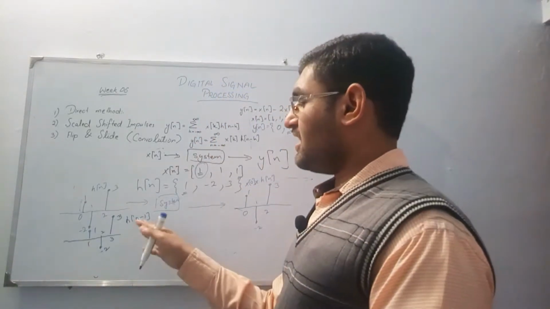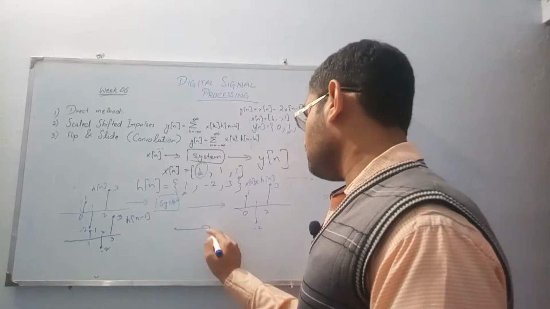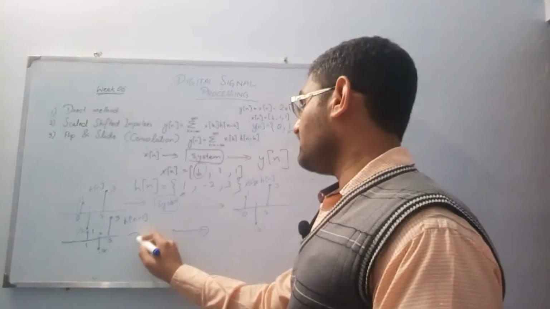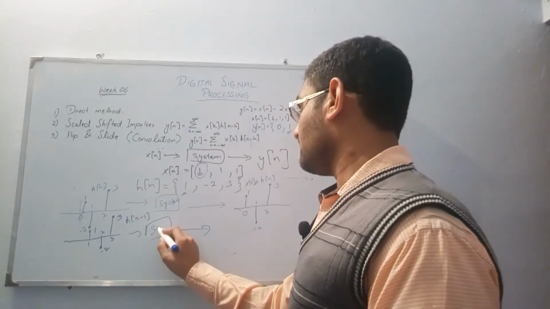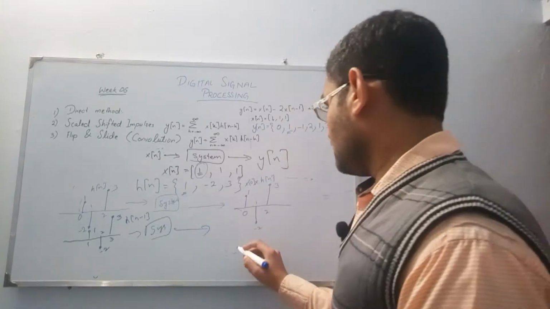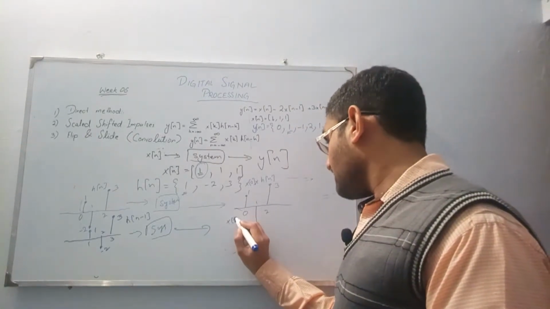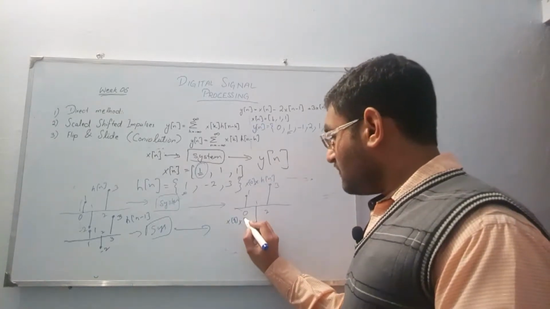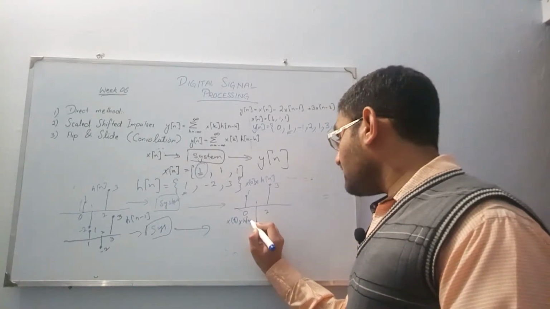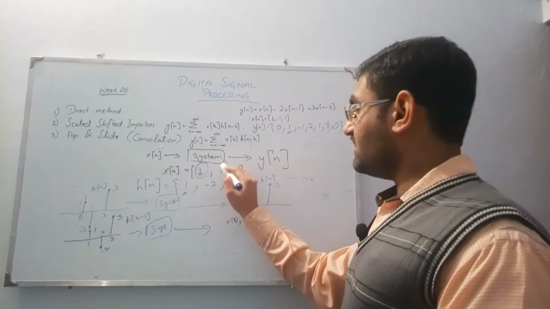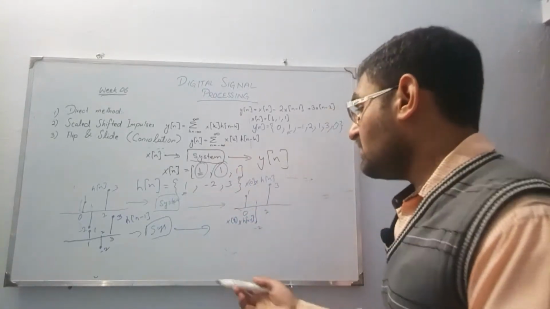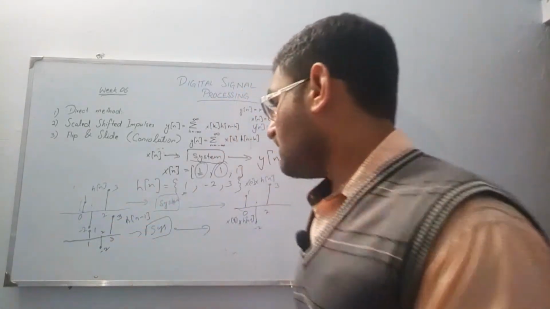This is h of n minus 1, so multiply it with the amplitude of the second index. When I multiply it with the second index amplitude, which is also 1, I will get again this signal.